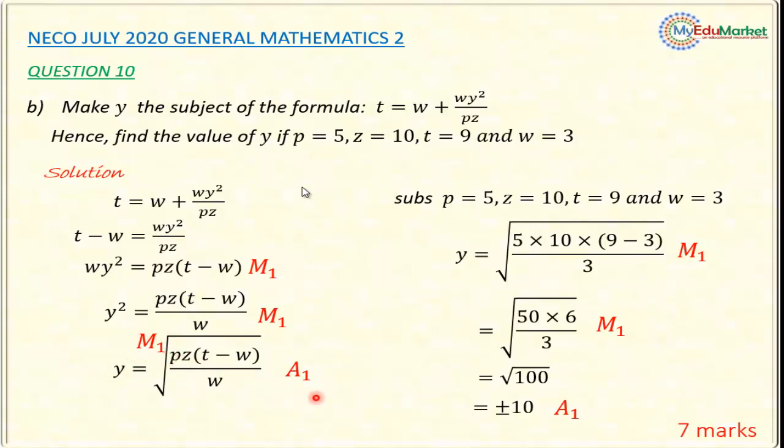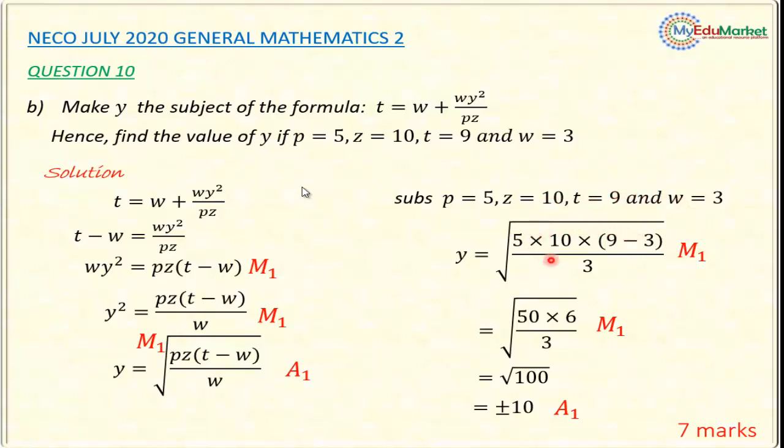And the next mark is accuracy mark, when you have your expression for y, that is when you make y subject of the formula as root of pz into t minus w all over w. If that one is exactly correct, you have the accuracy 1 mark. Next mark is for substituting in the formula for y the values of p, z, t and w.